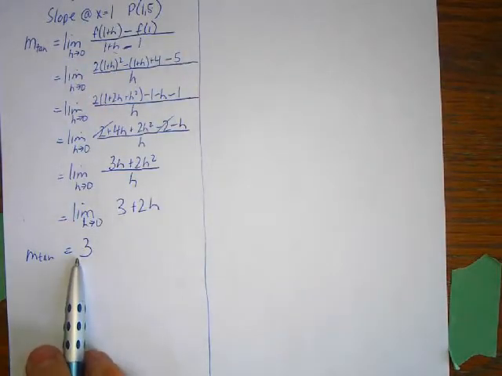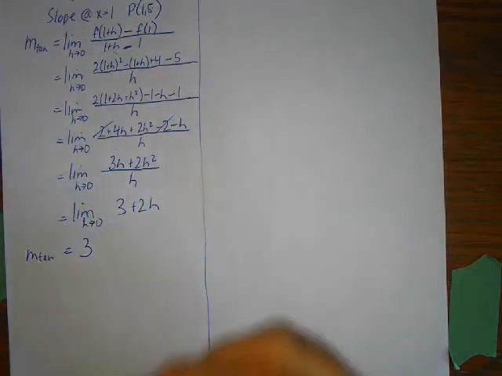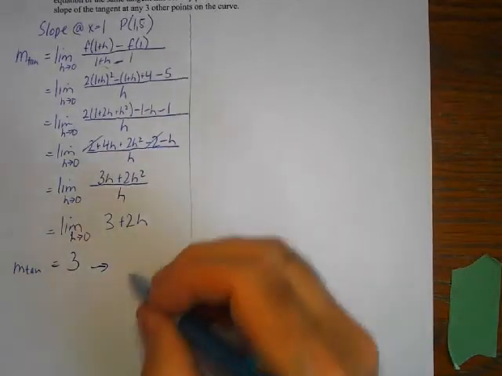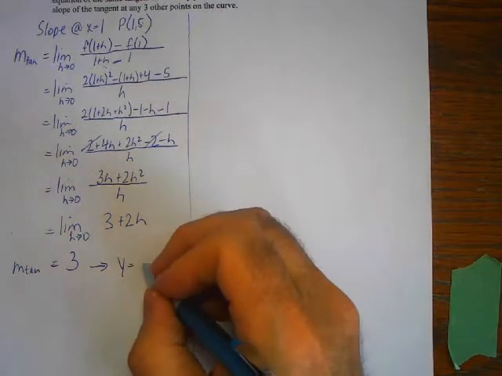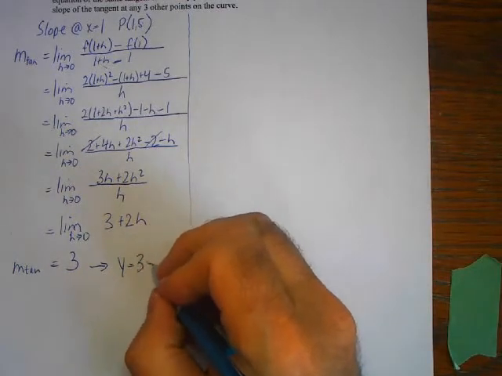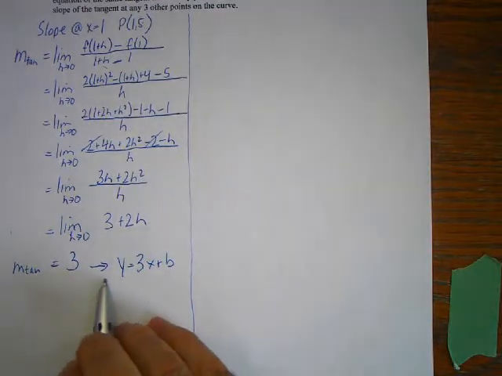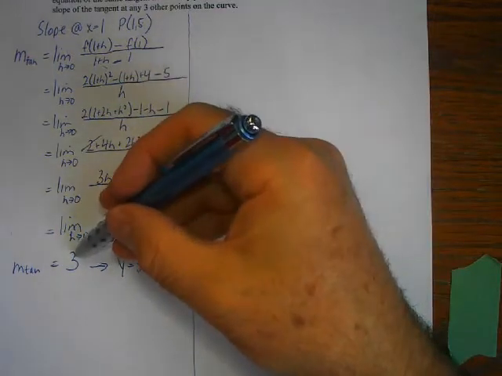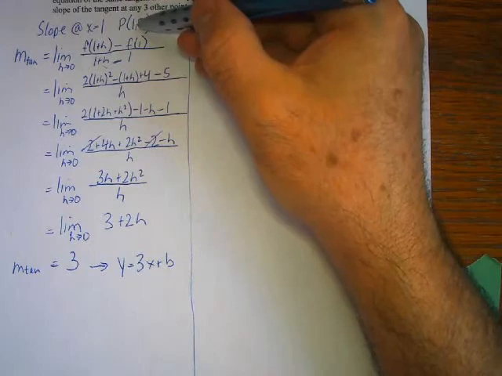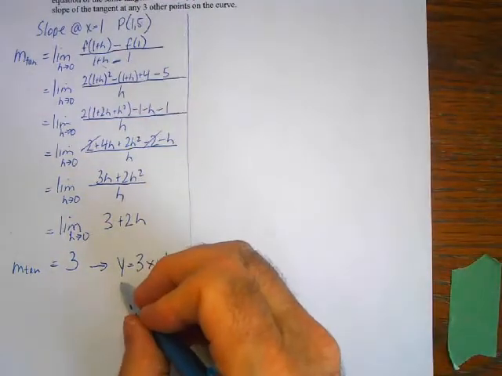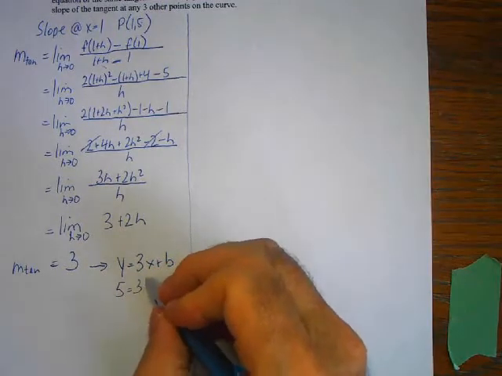So if you remember back to your grade 9, if that's your m value, you have y equals 3x plus b. And then we do have a point that's on this. The only point we actually know that's on this tangent is our point P. So I can plug in x equals 1, y equals 5, and I get b equals 2.